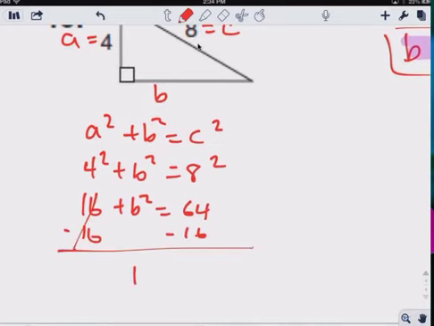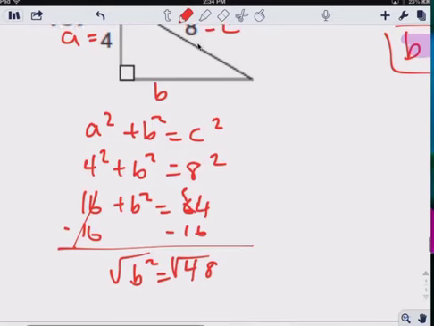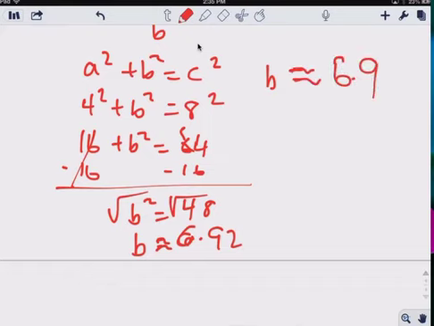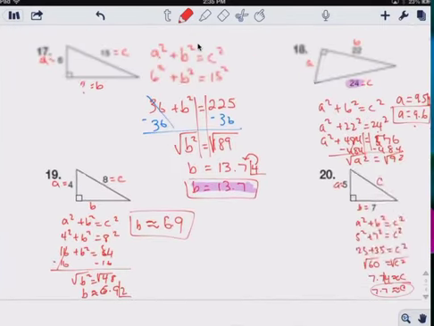Okay, b squared equals 48. So the square root of 48 is 6.92. B is about 6.92. We're going to round it some more. B is about 6.9, because this is a 2, the 9 stays the same. That is tonight's homework.